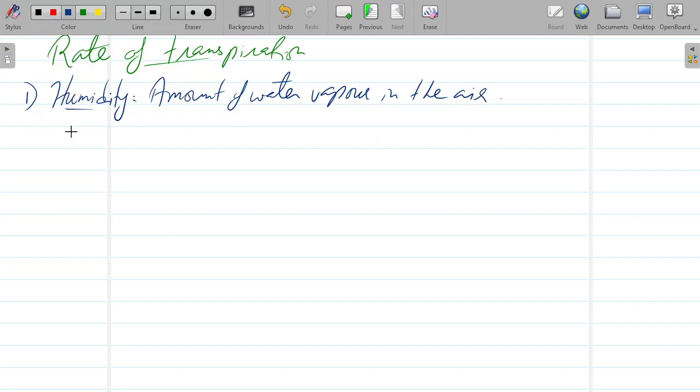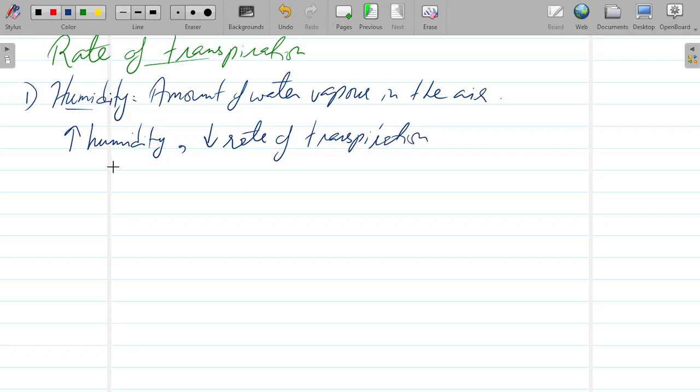And so it goes to say that when there's high humidity, the rate of transpiration will be low. And the reason for that is because the air is already saturated, so to speak, with water vapor.